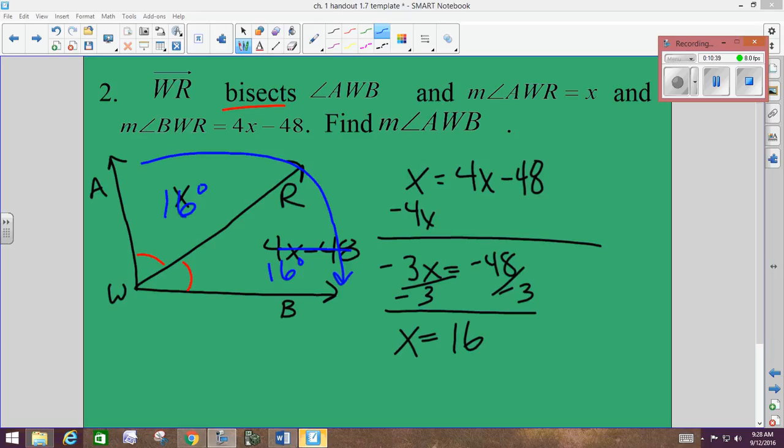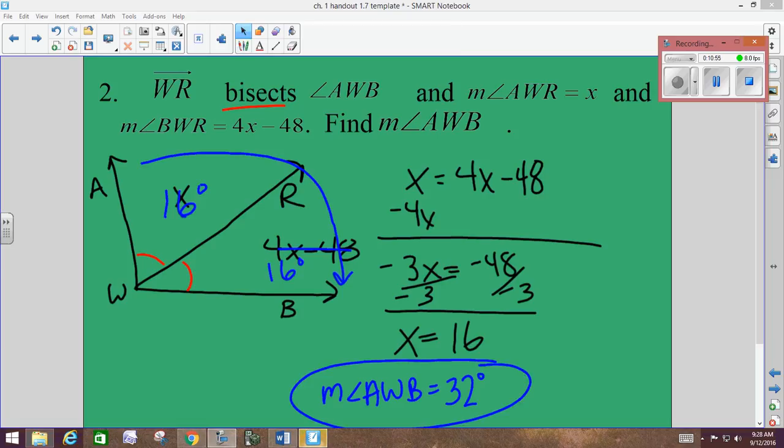Yeah, and that gets you 16. So both of these angles are 16 degrees. So what do I have to do now, Thomas? Okay, what's 16 plus 16? Excellent. Sir Lancelot, how would you classify that angle? Good, that's an acute angle. Okay, angle bisector. Cuts an angle in half.